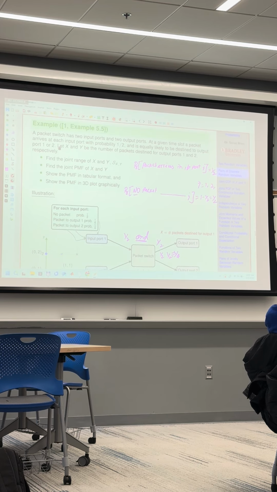Now let X and Y be the number of packets destined for output port 1 and output port 2.